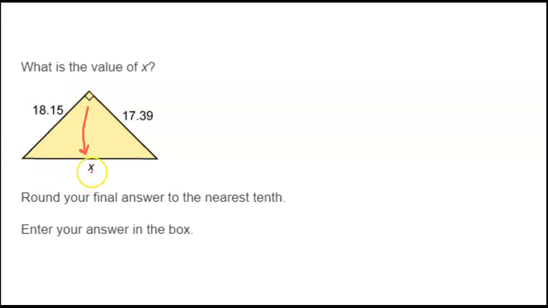So you're going to find the hypotenuse, which is c squared. Therefore, this would be a squared plus b squared is equal to c squared. Go ahead and round your final answer to the nearest tenths and put it in the box.